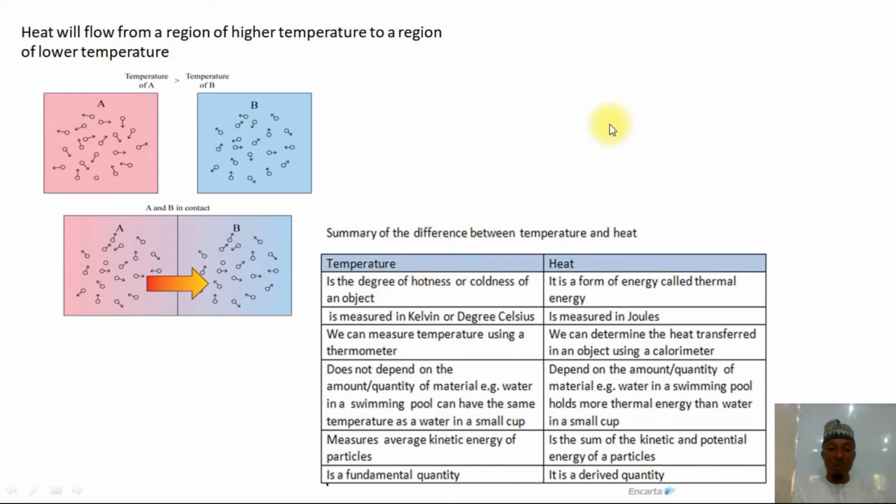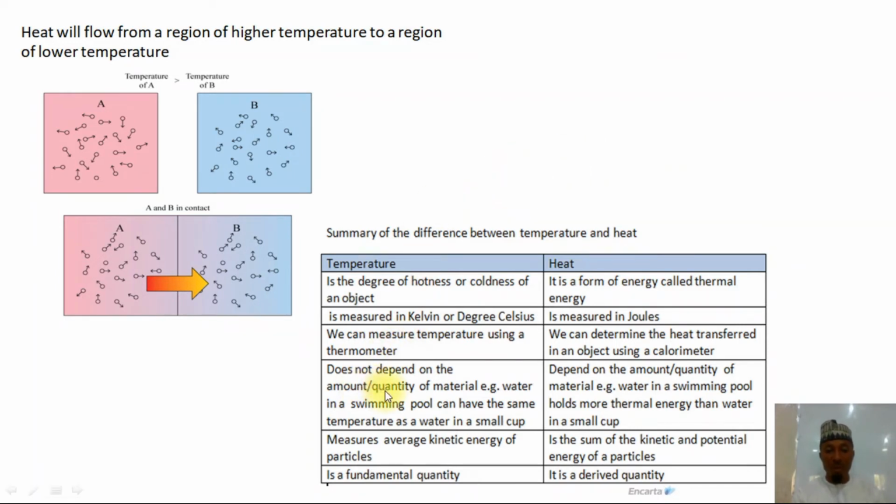Now, the summary between temperature and heat. Temperature is the degree of hotness or coolness of an object, like what we have here, while heat is a form of energy called thermal energy. Temperature is measured in Kelvin or in Celsius or in Fahrenheit, but heat is measured in joules. We can measure temperature using a thermometer, but we can determine heat transfer to an object using a calorimeter.